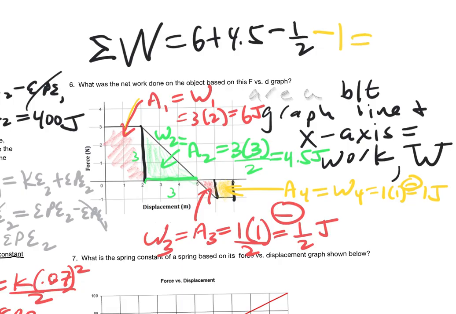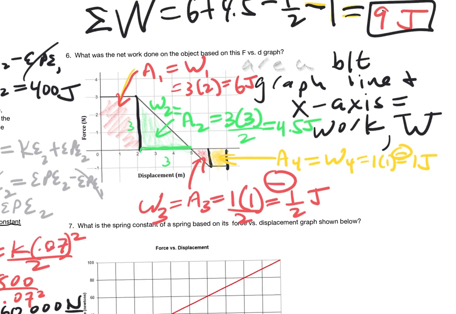This comes out to be 9 joules. Okay, so the net work is the sum of all those areas. If any areas are below the x-axis, be sure to make those areas negative. That's frictional work.